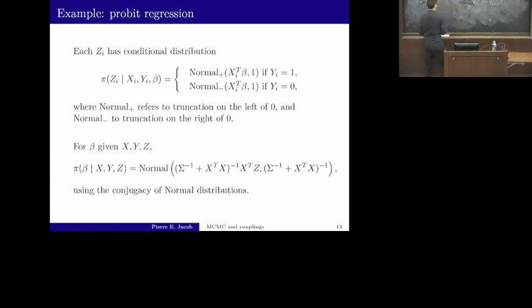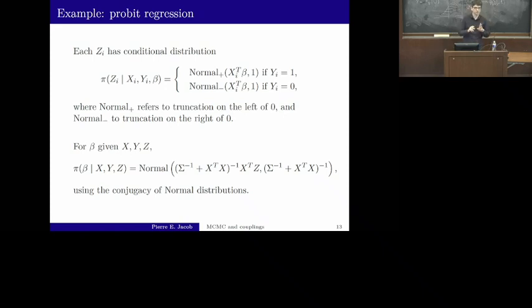Either it looks like it's truncated on the left, so it's like this bit, or it looks like it's truncated on the right, so it's like the bit on the right. Actually, there's a whole literature about how to sample particular multivariate truncated normals.